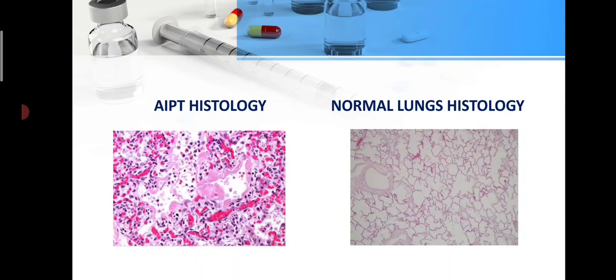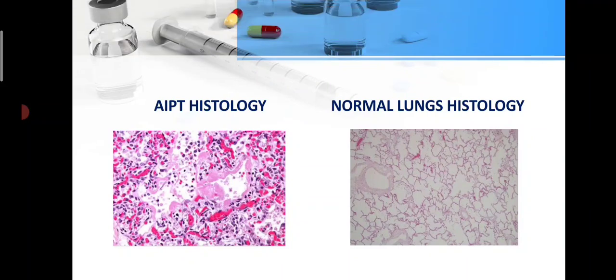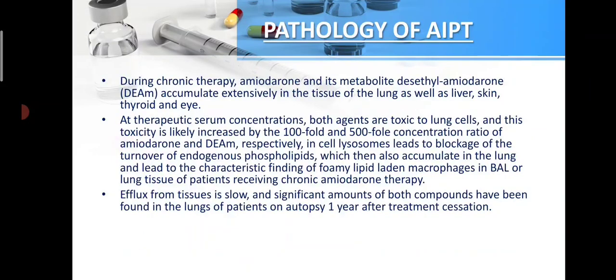There is a foamy macrophage appearance in the lungs. Efflux is going on from the tissues and cells, but it's too slow, and a significant amount of both compounds have been found in the lungs of patients on autopsy 1 year after treatment cessation.